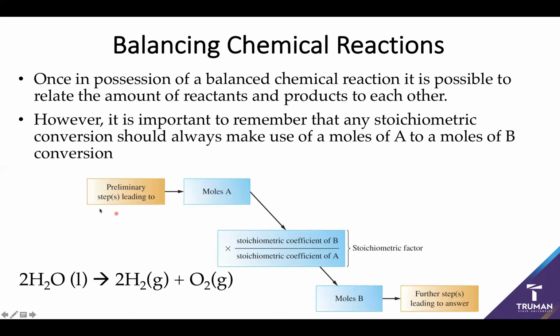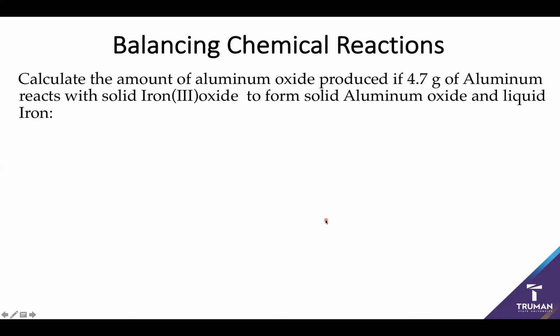So whatever initial amount you're given, first thing you're going to want to do is convert it to moles of your reactant, and then use the stoichiometric ratio to figure out the desired moles of whatever I care about. And then if I'm asking for grams, convert to grams. If I'm asking for volume, convert to volume. Now, again, as always, this feels a little vague and esoteric, so let's work a real problem.